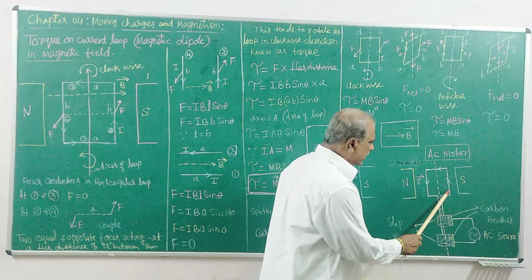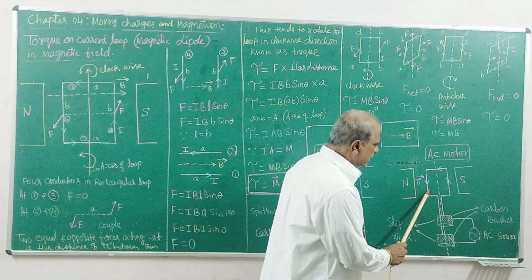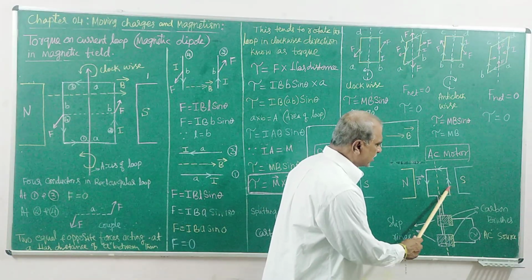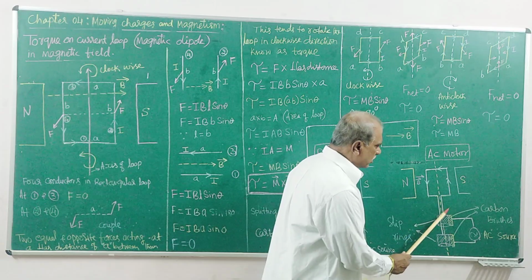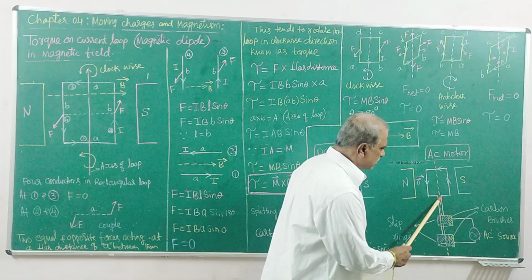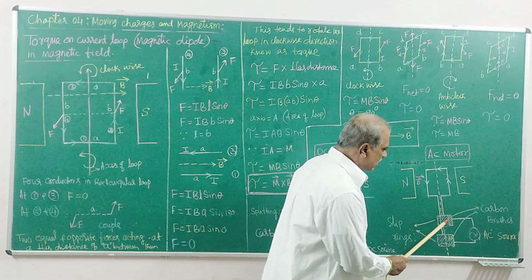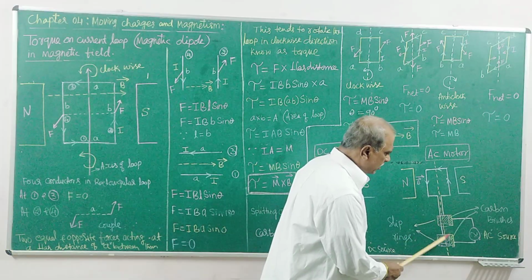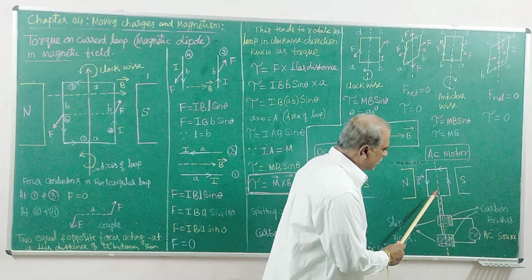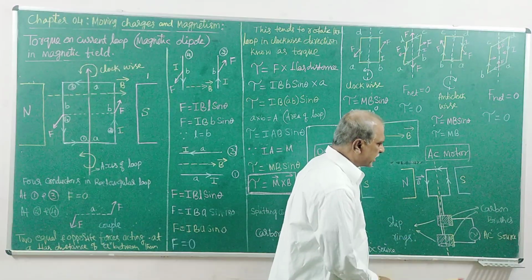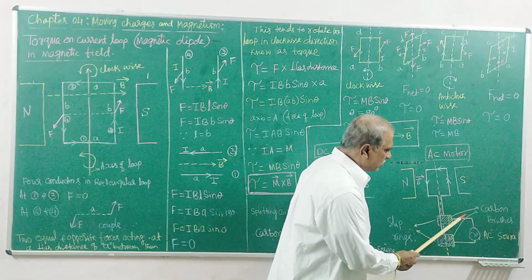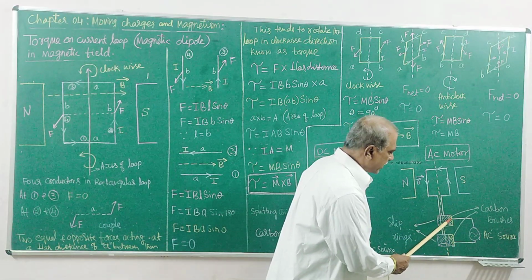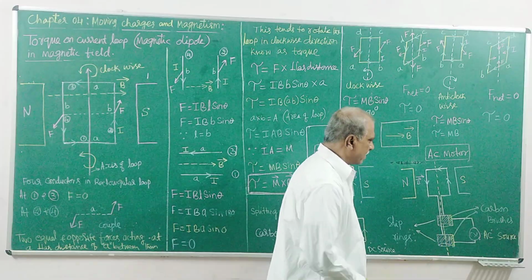So when it is rotated to 180 degrees, the terminal remains the same, but with every rotation of 180 degrees, it will change current: plus becomes minus, minus becomes plus.